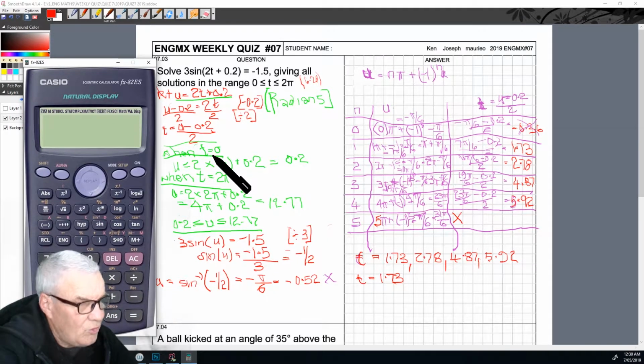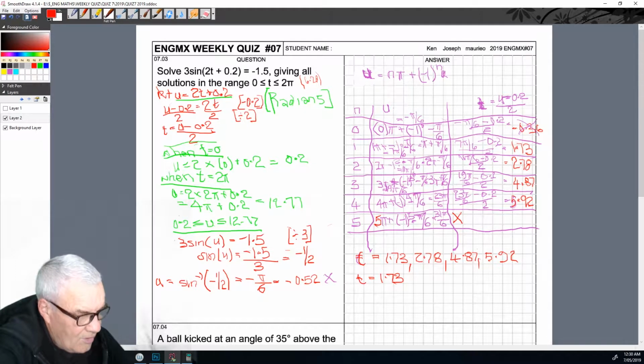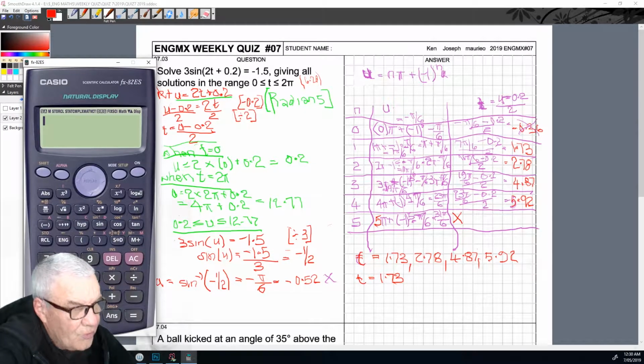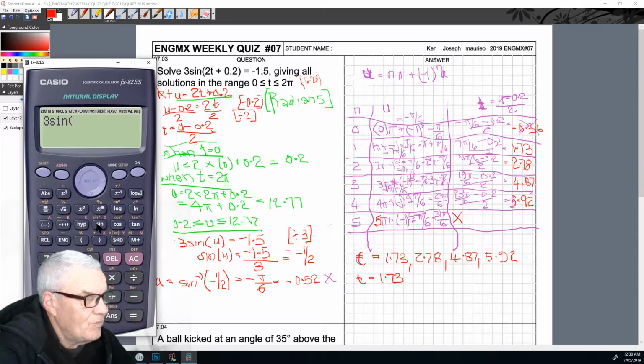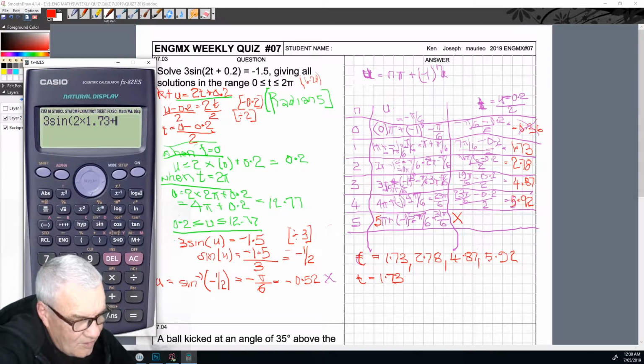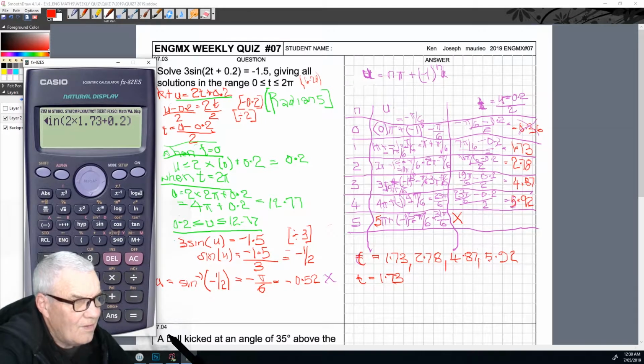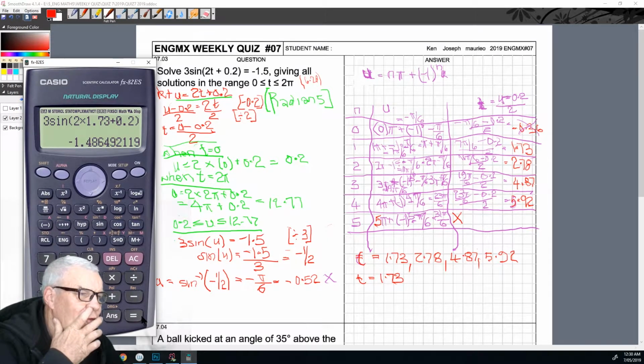So what we want to do is we want to come back, 3 sine 2 times 1.73, okay, plus 0.2, close the bracket, equals negative 1.486.